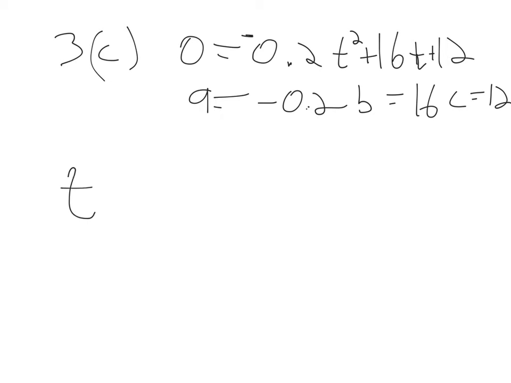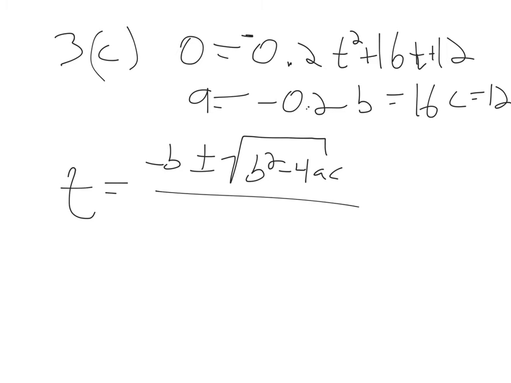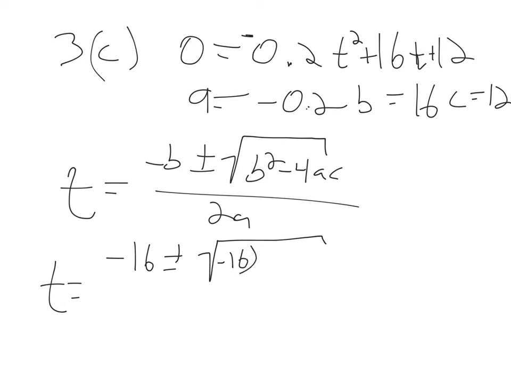X, or t in this case, is going to be negative b plus or minus the square root of b squared minus 4ac, the discriminant, over 2a. So t is equal to negative 16 plus or minus the square root of negative 16 squared.